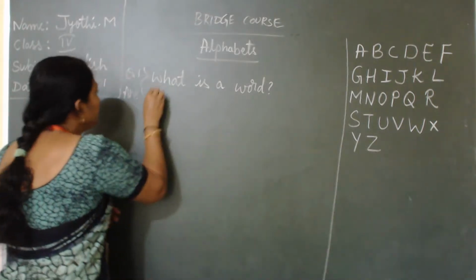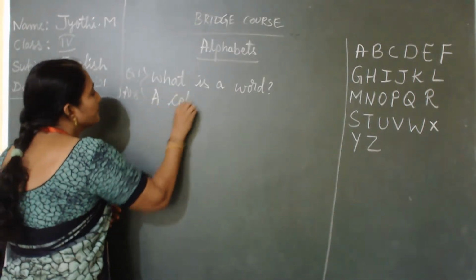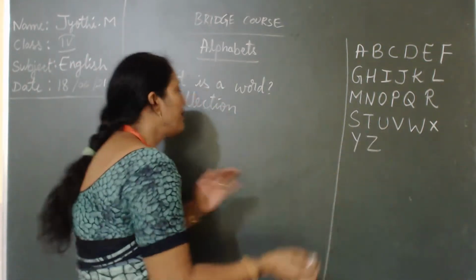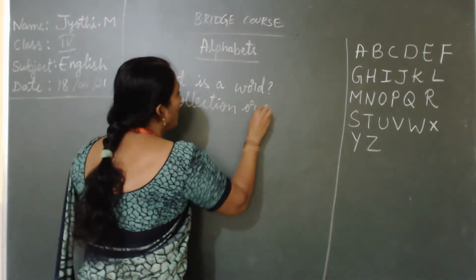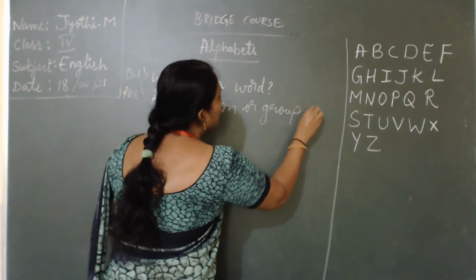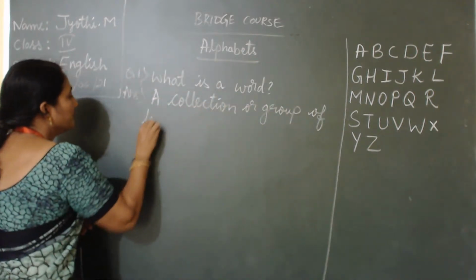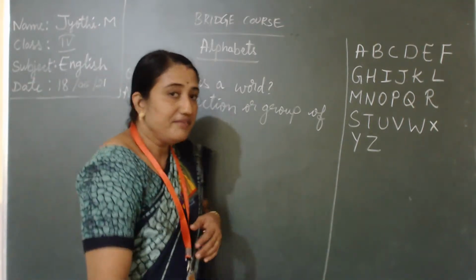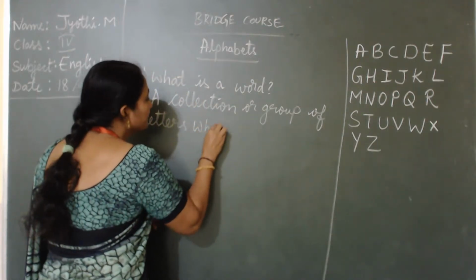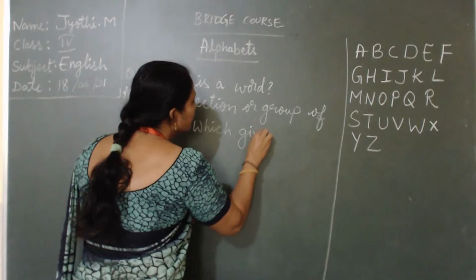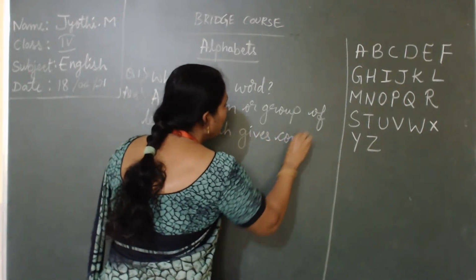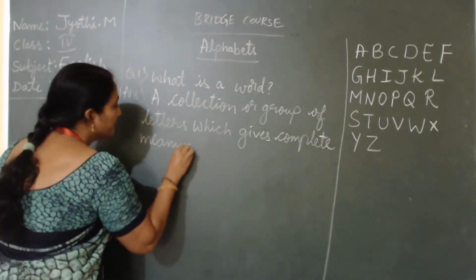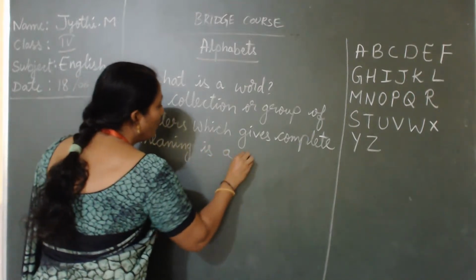Take down, children. A collection. Collection means collecting together. Some letters you are going to collect. A collection or group of letters which gives complete meaning is a word.